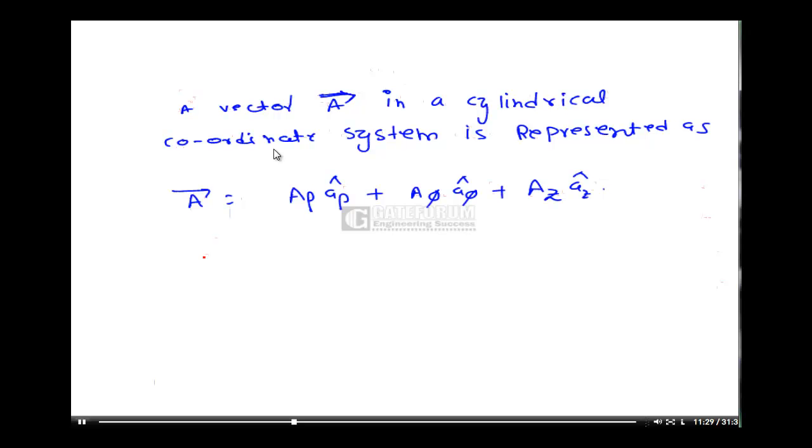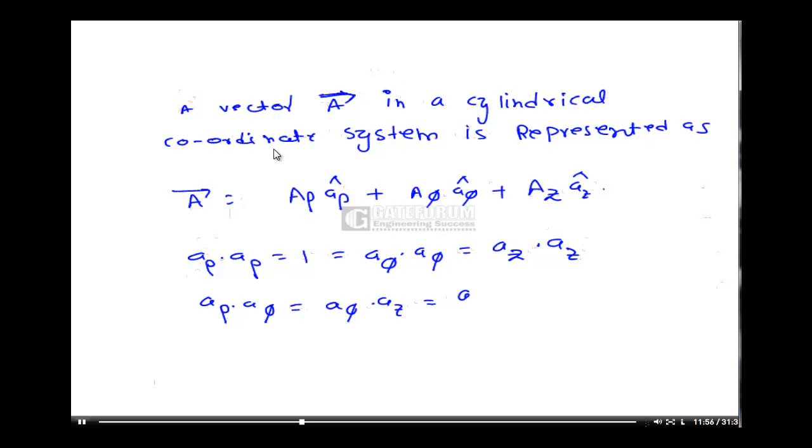Here another important thing is the dot product and cross product notations. We know that a rho dot a rho, same unit vectors, is 1, which equals a phi dot a phi, which equals a z dot a z. We know that a rho dot a phi, opposite ones, or a phi dot a z, or a z dot a rho is equal to 0.